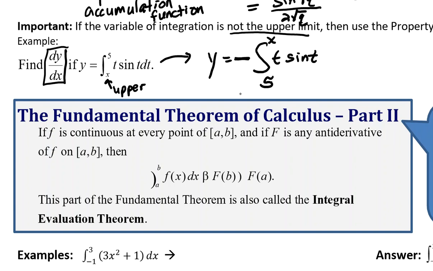And now we're ready to find the derivative. We want to find dy dx. So y is now our accumulator function because it's equal to an integral. So when we differentiate y with respect to x, we're going to get right back to our integrand, except we have to replace our variable. And notice it appears in 2 places here. Whoops, and I forgot my negative sign.